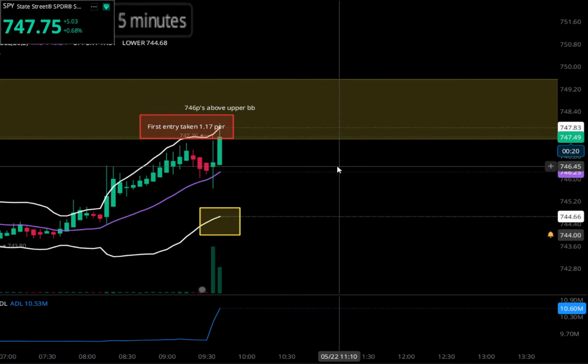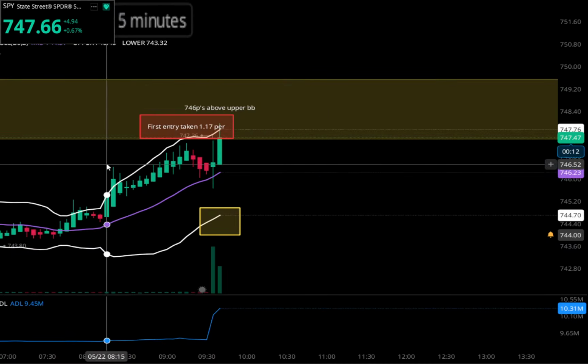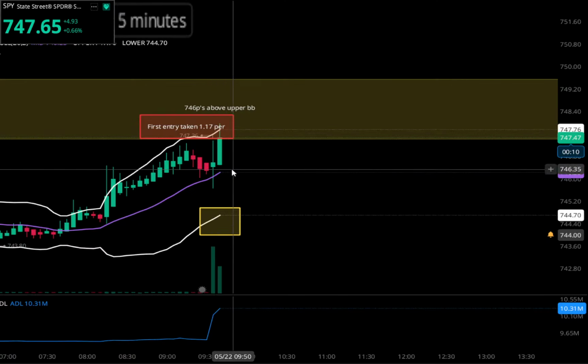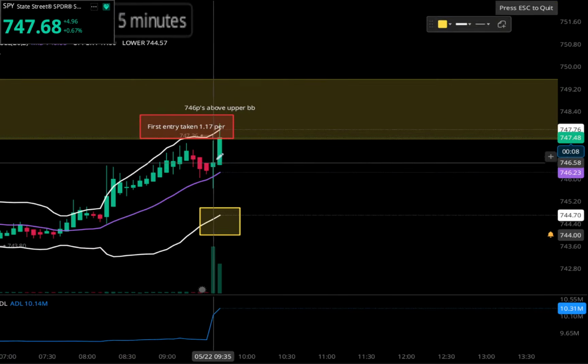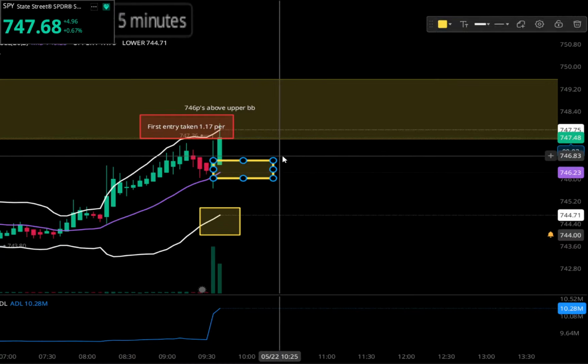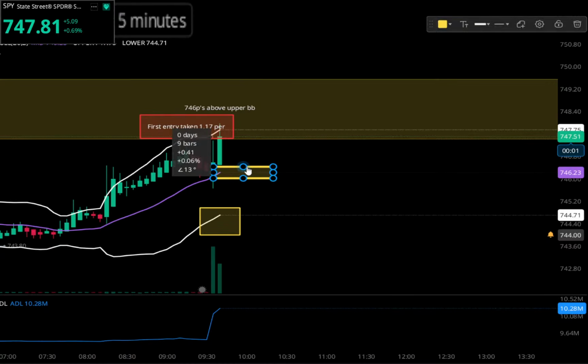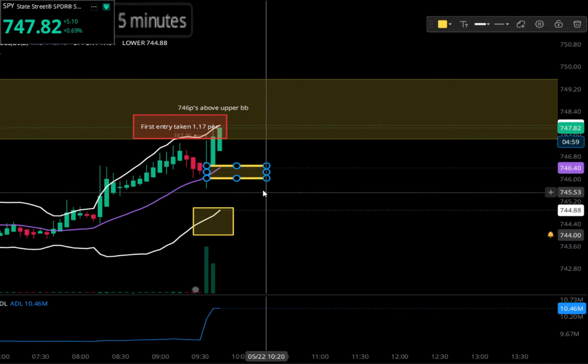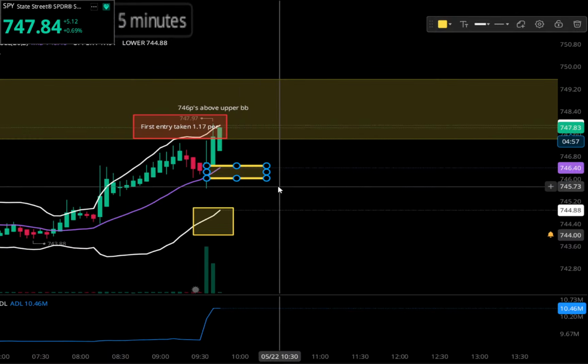Okay. Now we don't have to worry about this right now. We have our contract. We have our exit set. So the exit is set to the 746.31. If it gets below that price, then it will go ahead and take your put.